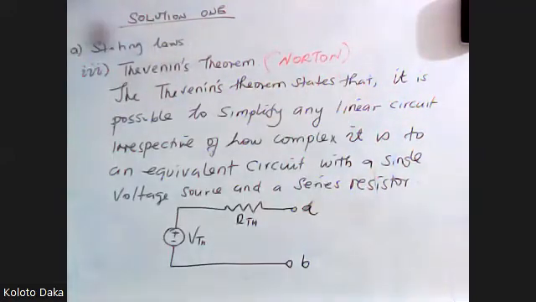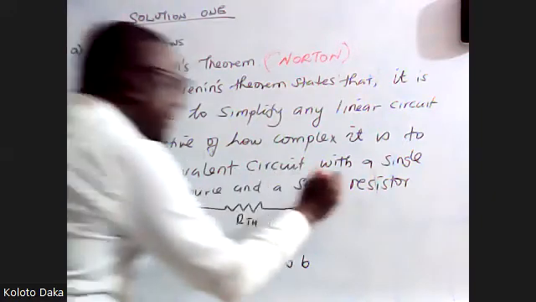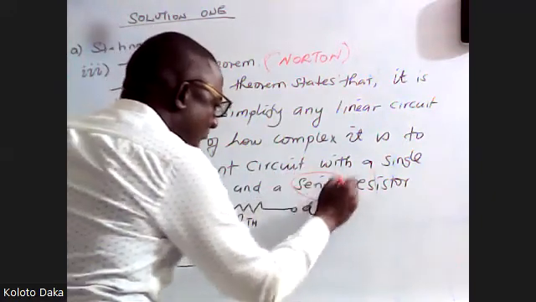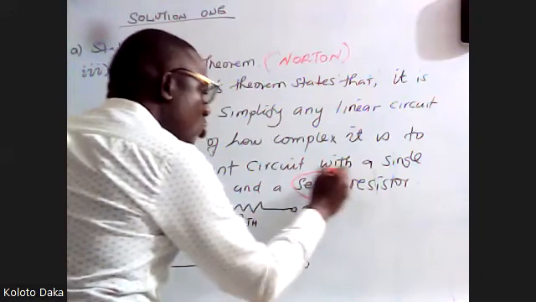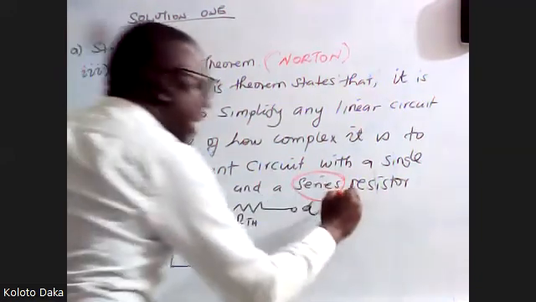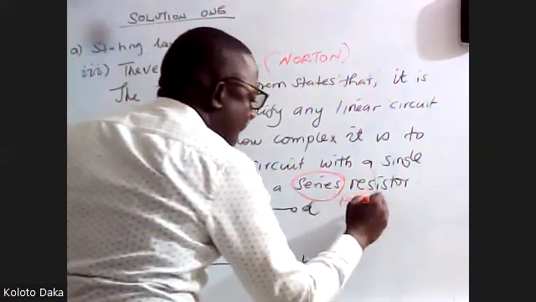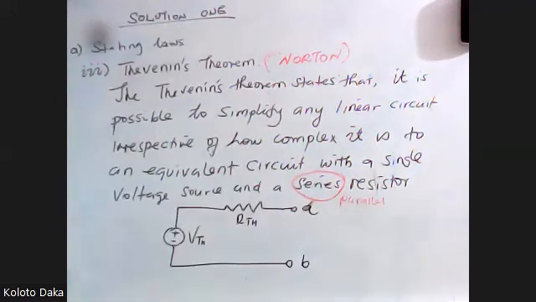If you are asked to differentiate or to state Norton's theorem, it will be the same statement, except where there is a series resistor, you replace it with the word parallel resistor. Then it becomes Norton.